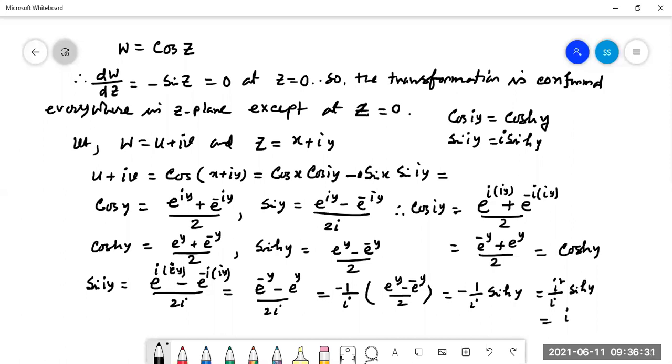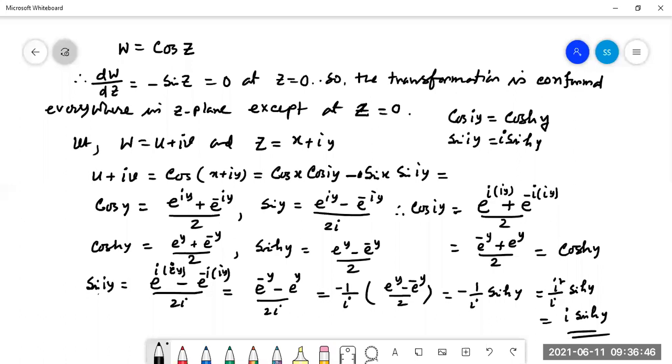So instead of sin IY, we can write I sine hyperbolic y. Is it clear to everybody?